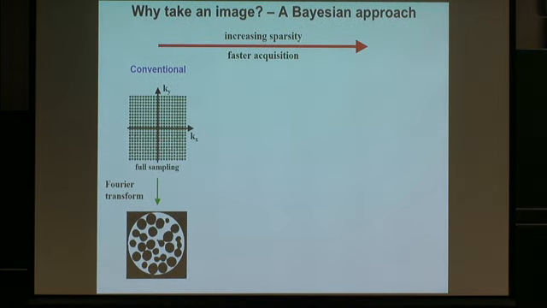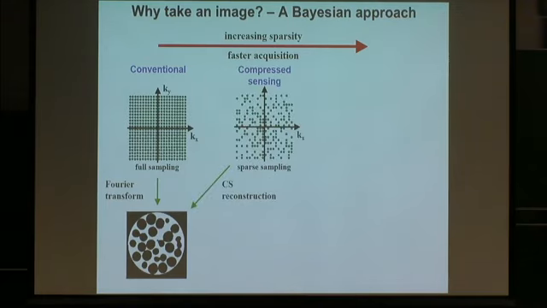So I just want to finish off by thinking a little bit further about whether we need to take an image. What we've been looking at before is conventional imaging, maybe acquiring all of our k-space data and doing a Fourier transform, and then that extracts the image. Or if we're thinking about sparse sampling and compressed sensing, we acquire fewer data points, and instead of doing a Fourier transform, we do some other type of data reconstruction. But often what we're doing is, instead of just using an image, I mean, images are nice and they can be pretty and so on, but we usually want to extract quantitative information from them.